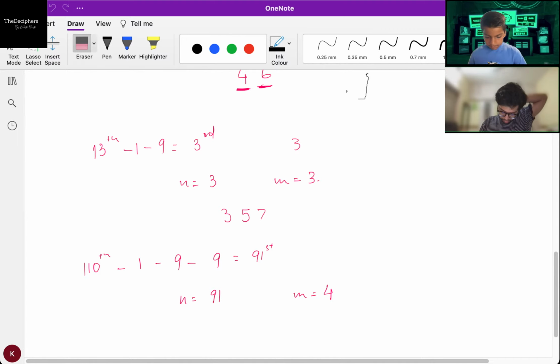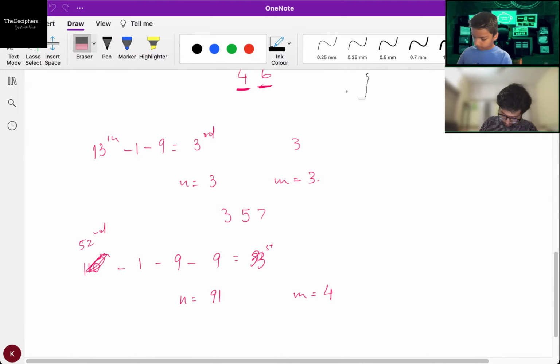Wait, something has to be wrong here, no? Okay, we can generate a little smaller one. So 21, 52nd. Let's try generating the 52nd one. So 51, 42, 33.